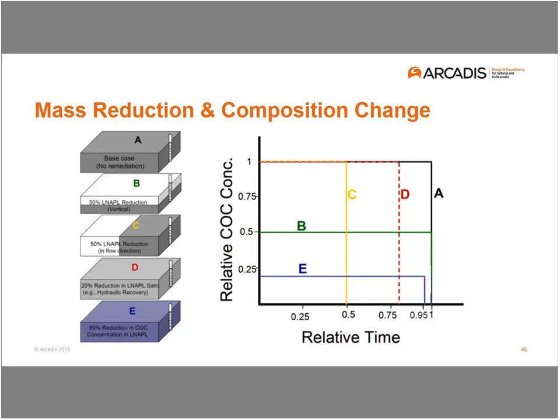And say that constituent was about 5% of the overall LNAPL, then I'm going to reduce the time too. The time is going to go down by a small factor. So this really points out the benefit of thinking about the composition of the LNAPL and how we can change the composition of the LNAPL to get rid of the risk-driving constituents.